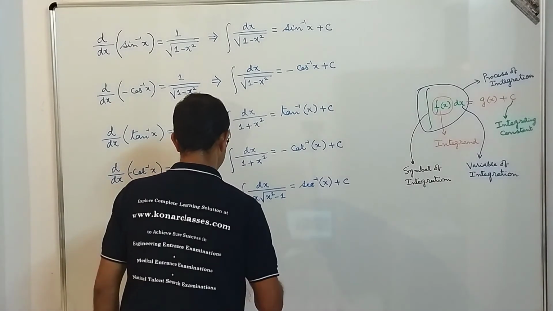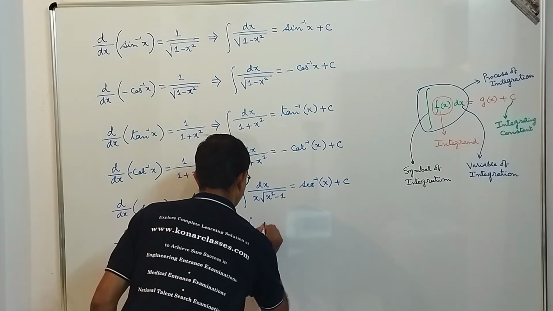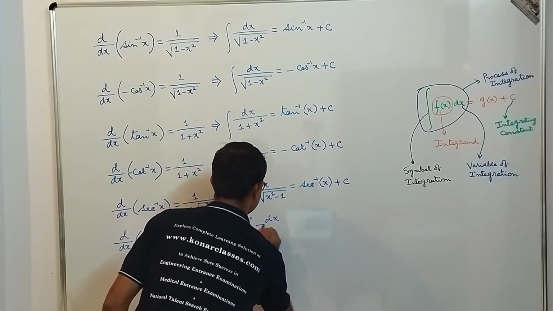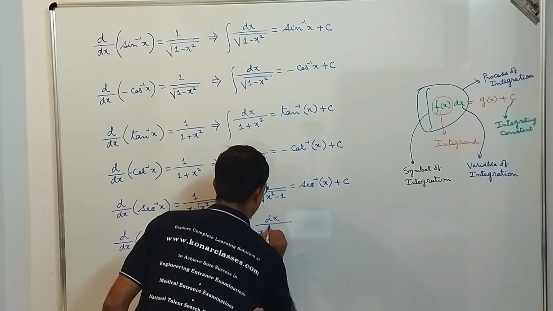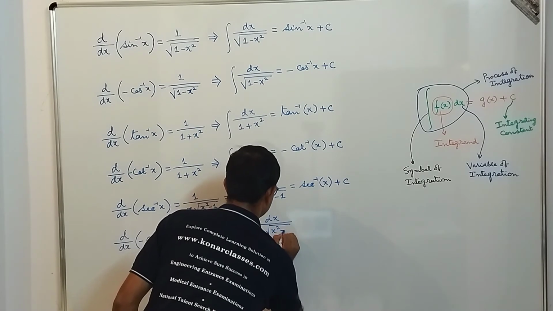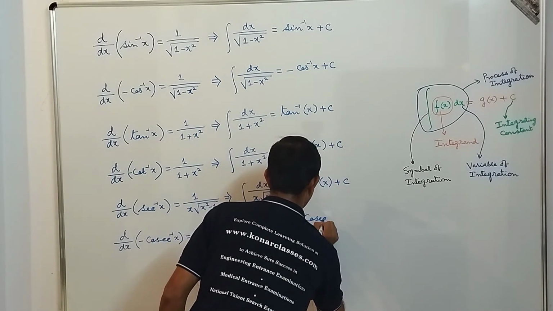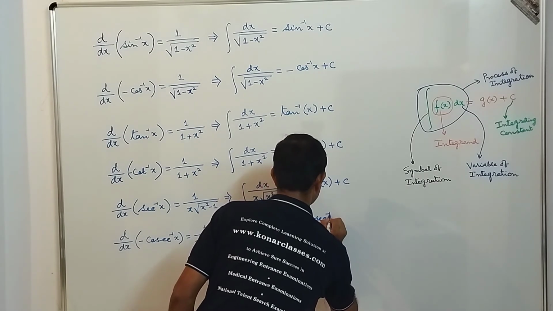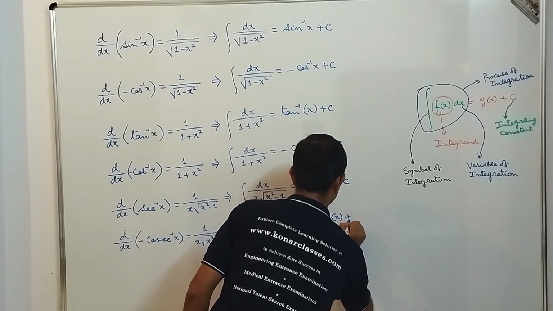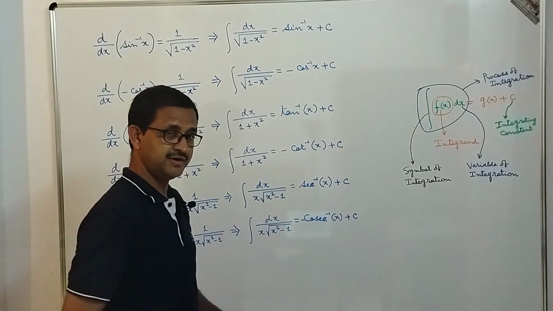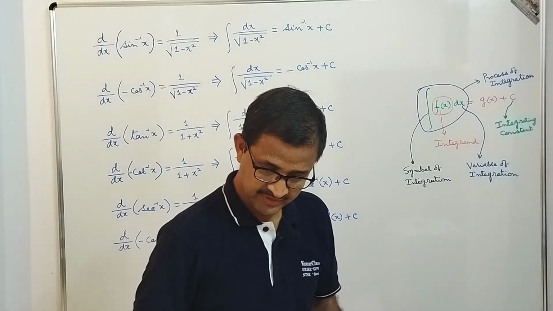This implies integration of dx by x into square root of x square minus 1 is equal to minus cosec inverse x plus c. Okay, dear students, got it?